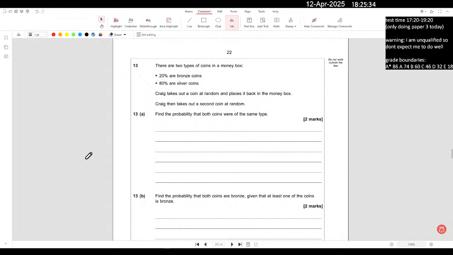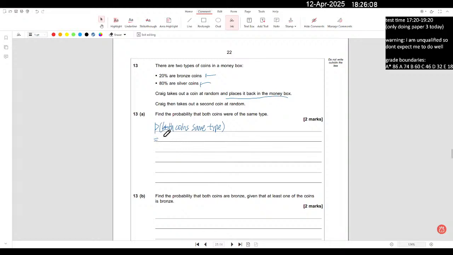There are two types of coins in a money box. 20% are bronze coins, 80% are silver coins. Craig takes out a coin at random and places it back in the money box. Craig then takes out a second coin at random. Okay, so there is replacement. Find the probability that both coins were of the same type. Either both are bronze or both are silver.